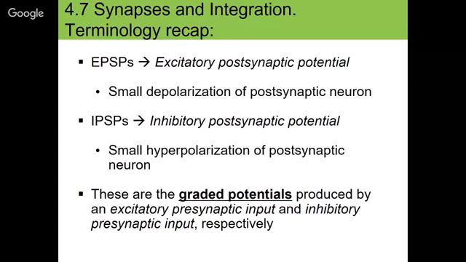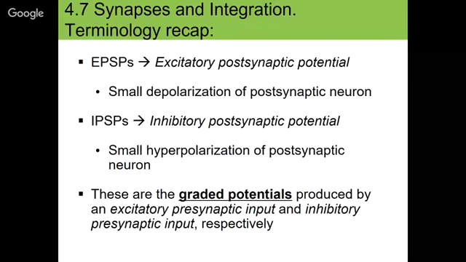it's the opposite, okay? It's a small hyperpolarization of the postsynaptic neuron. It increases the polarity, hyper to increase, remember? So hyperpolarization increases the negativity of the charge that we see at resting potential in a normal situation for a neuron cell, okay?